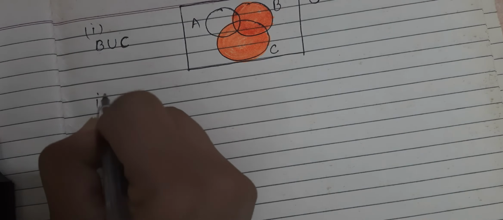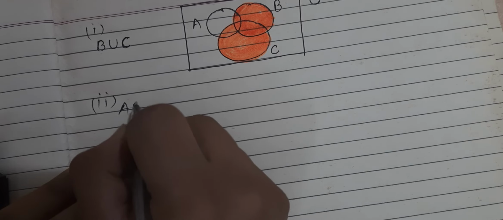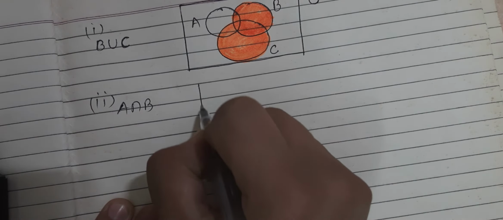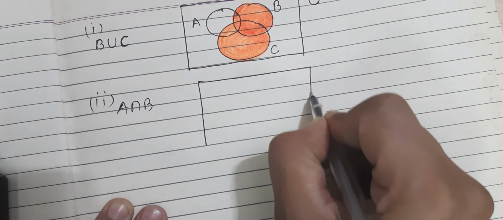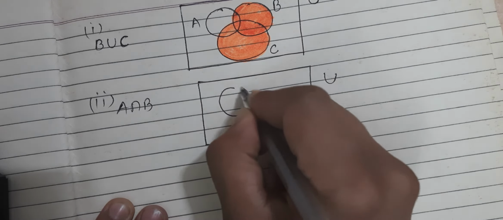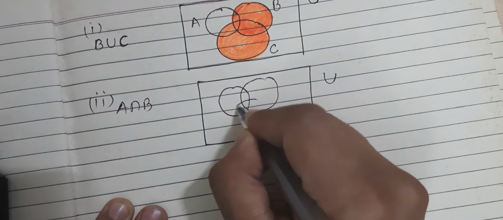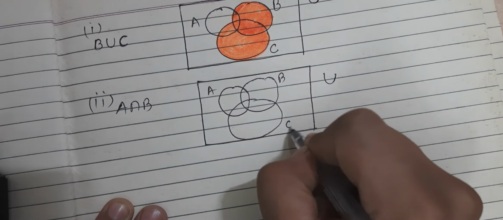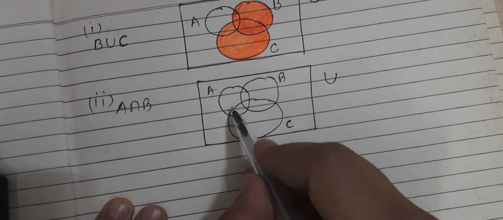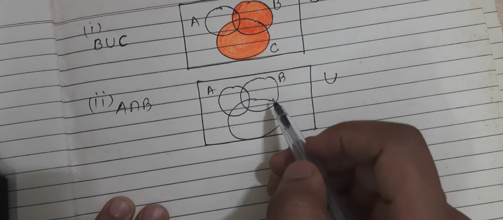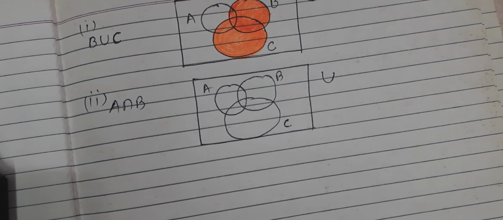Now second, how to represent A intersection B if we have three sets? First we'll take a rectangle, which is the universal set. Then we have set A, set B, and set C. The shapes are different because they have different elements.